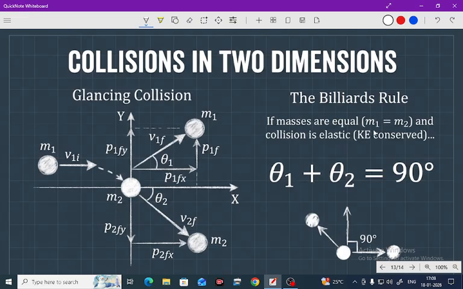If the masses are equal, M1 equals M2, and the collision is elastic so kinetic energy is conserved, then theta 1 plus theta 2 equals 90 degrees. This is the billiards rule. We can discuss this in detail in another video.